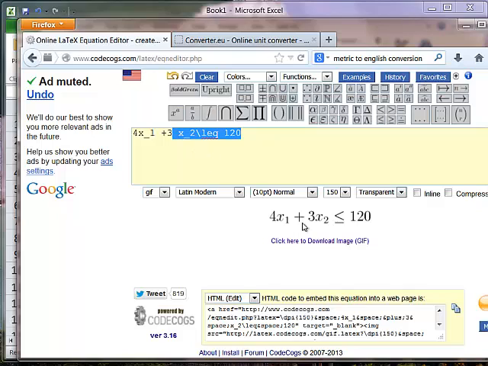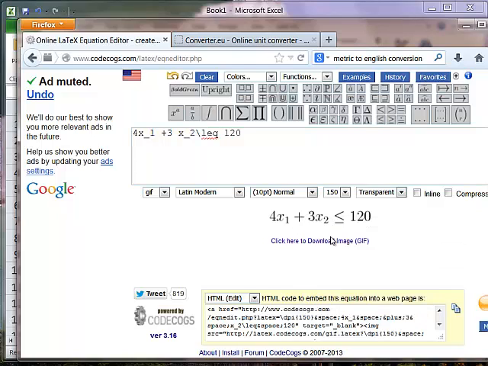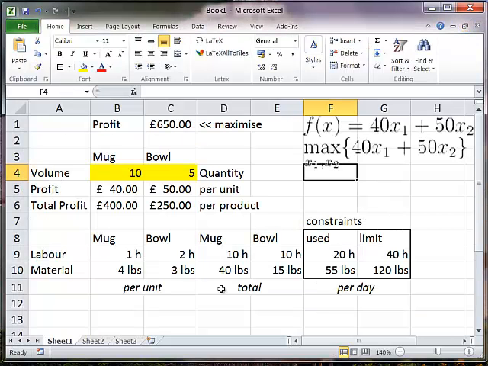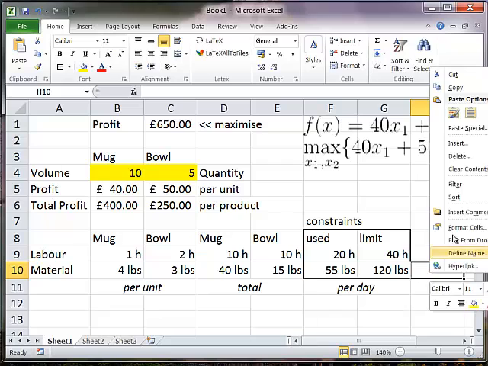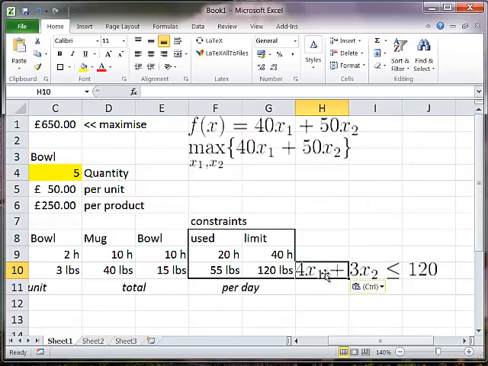So this is our material constraint. And on top of that, we also need the constraint for the time.